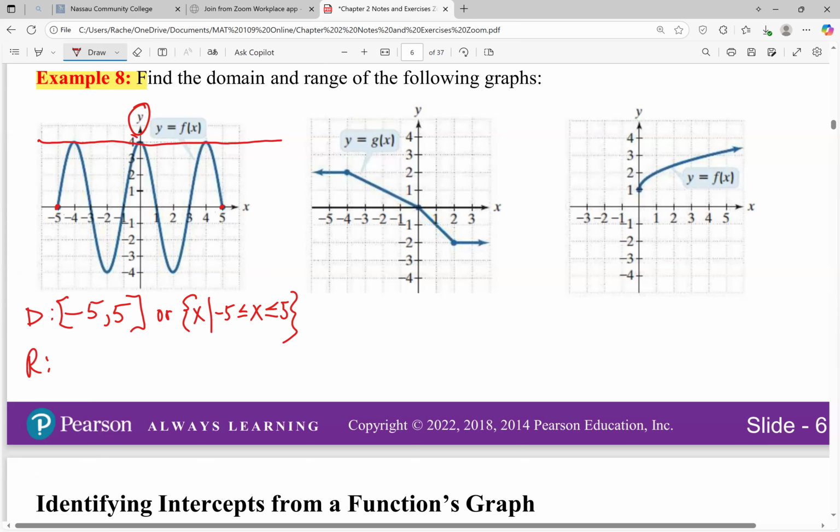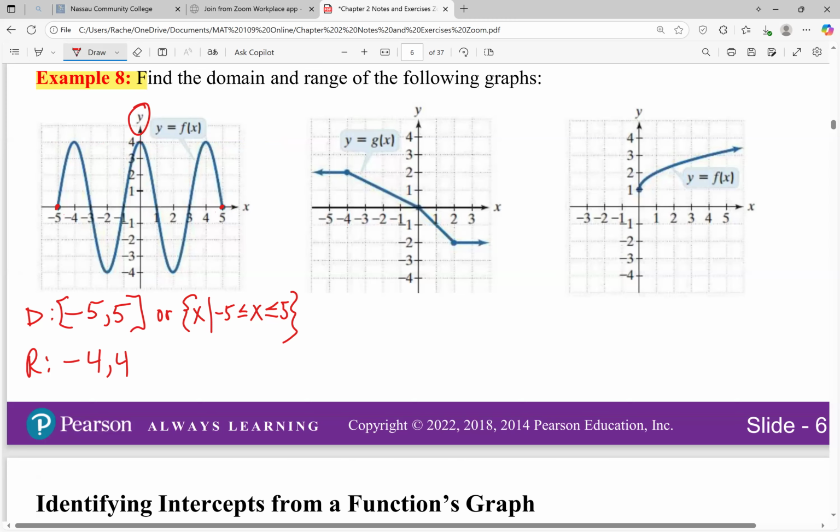It doesn't go above +4. And there's no breaks in between, right? This graph is continuous between -4 and +4. So that's going to be my range. So the range is going to go from -4 to +4. And -4 is included and +4 is included.